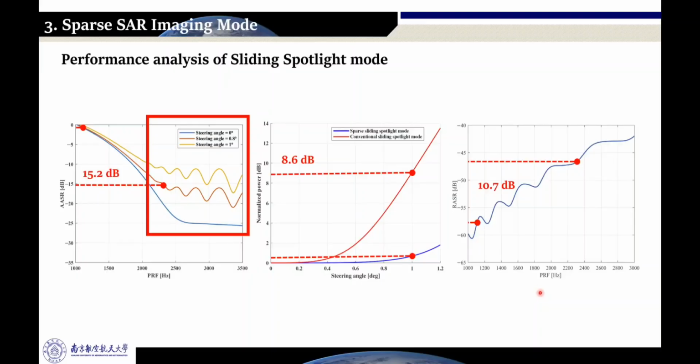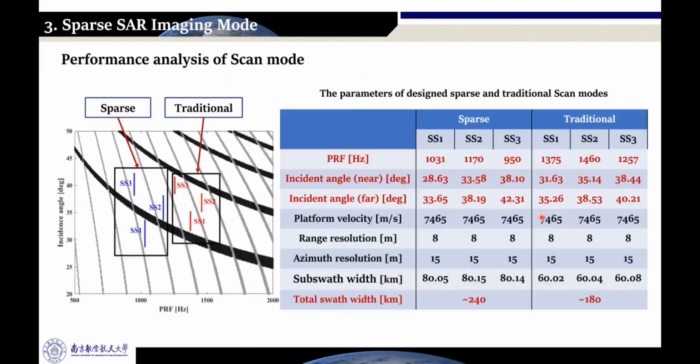The right figure shows the variation in ASR with PRF. The sparse sliding spotlight mode can reduce ASR by about 10.7 dB. This means that it can obtain a higher quality sparse image. In the scan mode, the basic parameters required by the system are designed based on the results of beam position selection.